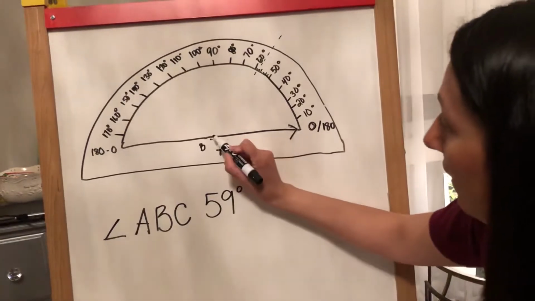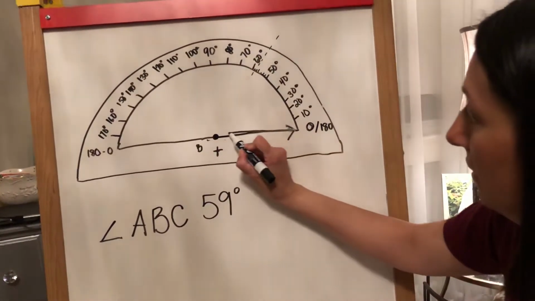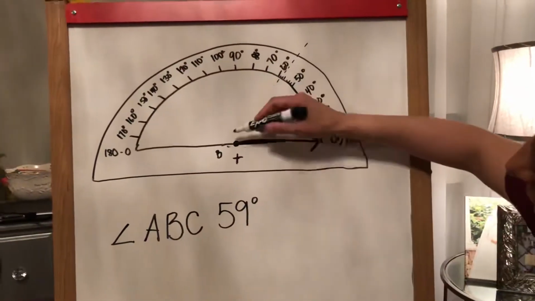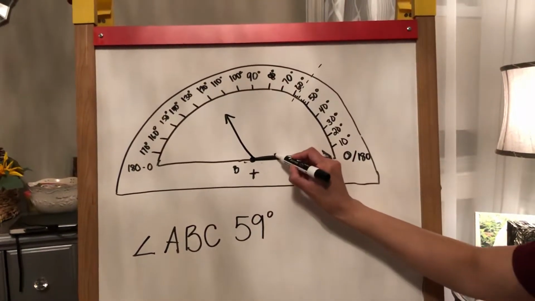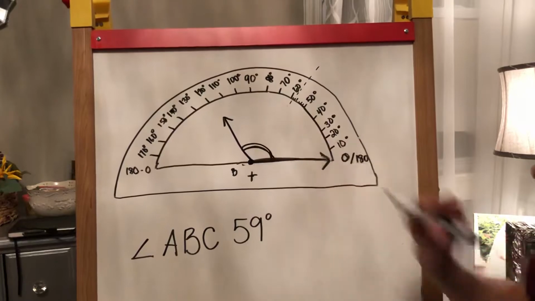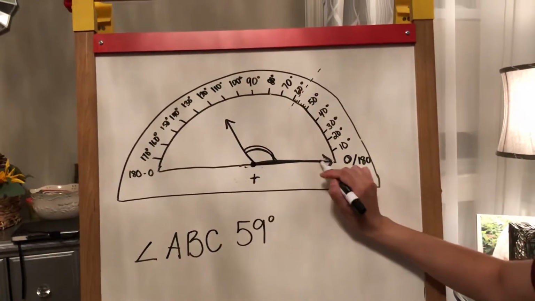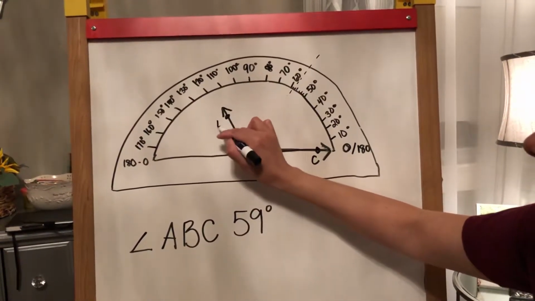So we're going to start our angle at 0. So that's my one part of my ray, okay, for my angle. And then we'll do this one. So we're looking at how large is this angle, okay? And we're going to name this angle CDE.